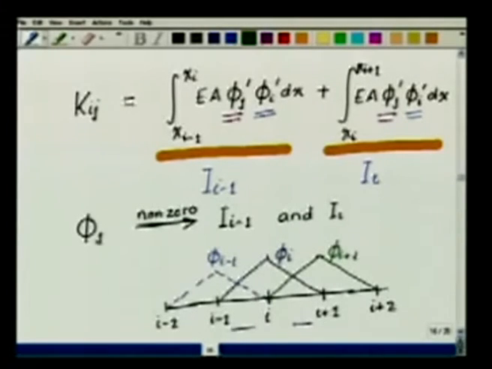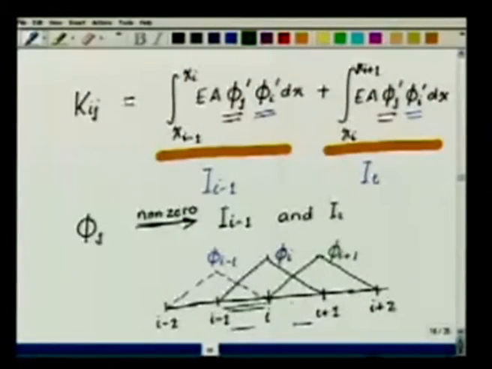You see that phi i minus 1, phi i and phi i plus 1 are the only global basis functions which are non-zero in this element, element i minus 1 and element i. If I chop off the domain here, it is quite clear that these are the only ones which are non-zero in this chopped block.